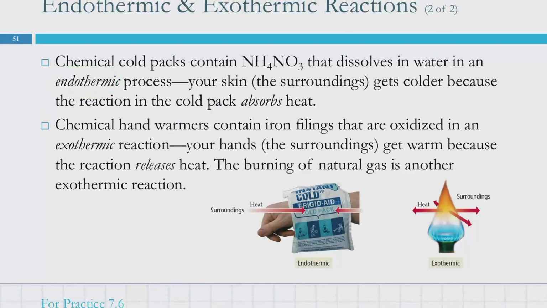Because it's an endothermic process, energy is being absorbed by the ammonium nitrate dissolving. It absorbs heat from its surroundings, which means that the surroundings get colder.